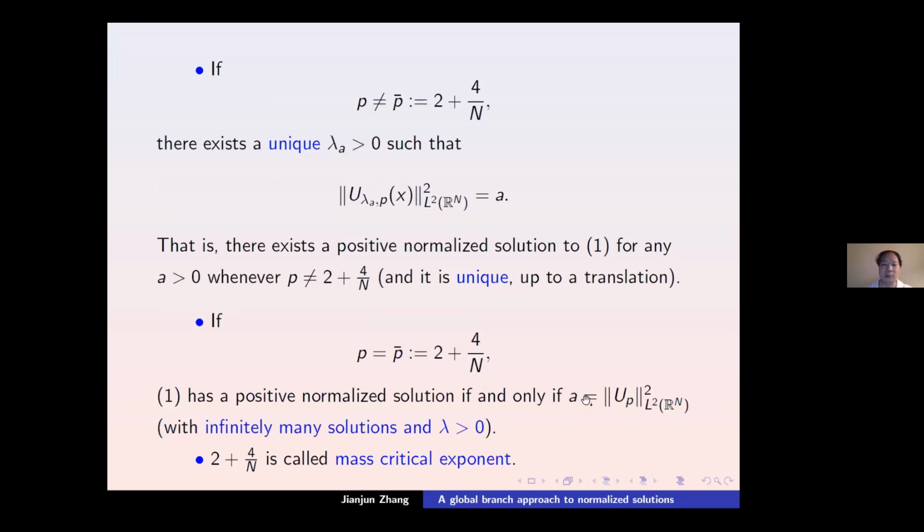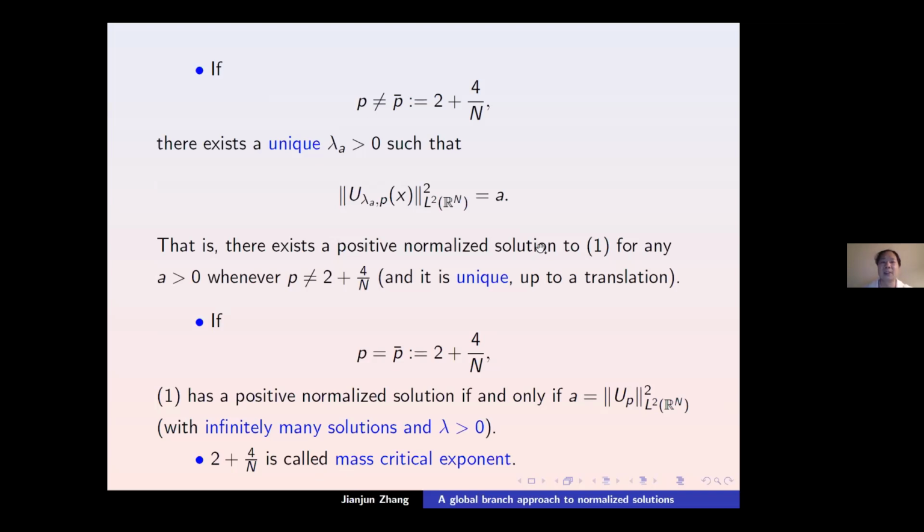Also, for this case, the problem 1 has infinitely many solutions with the mass a. Okay, so this exponent is called the mass critical exponent. If p is less than this exponent, we call this the mass subcritical case. If p is greater than this exponent, we call this the mass supercritical case.